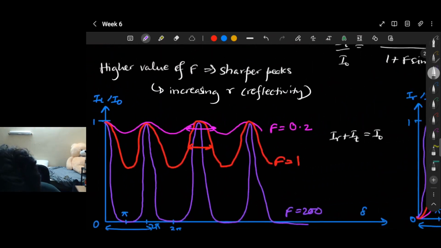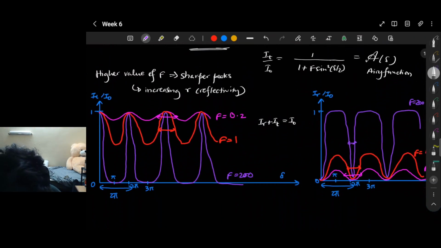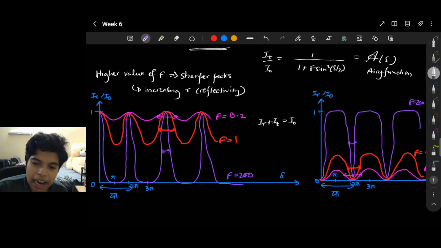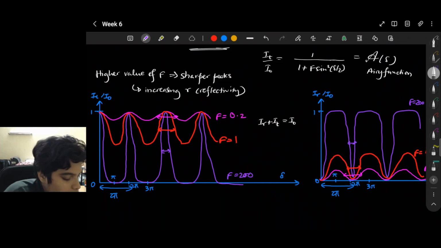Sorry, the width is typically taken at full width at half maximum. So half maximum would be here maybe, or here. So from the peak maximum to peak minimum, you take half midway of that, and then you take the width. Okay, so I hope this is clear.